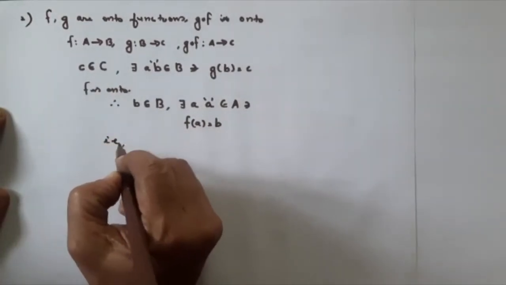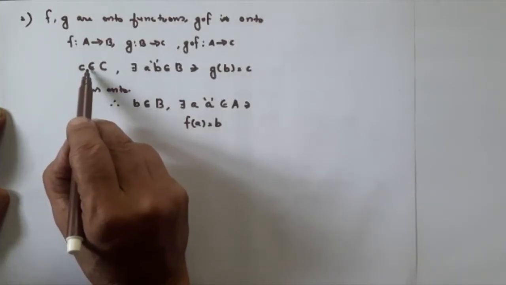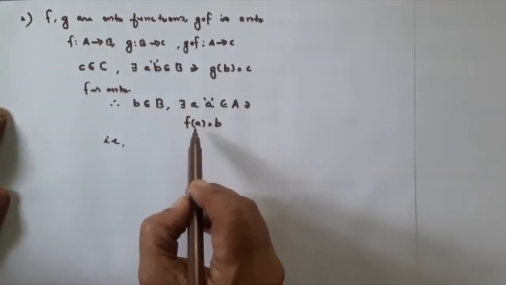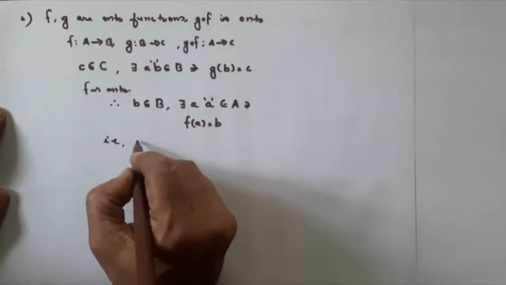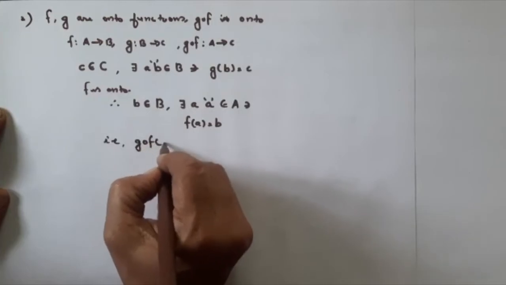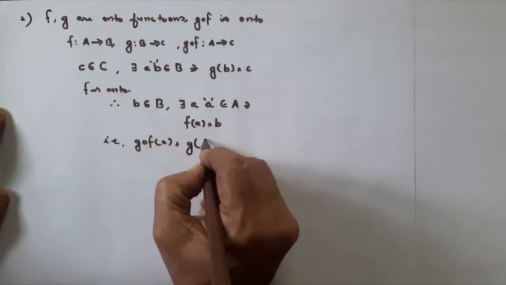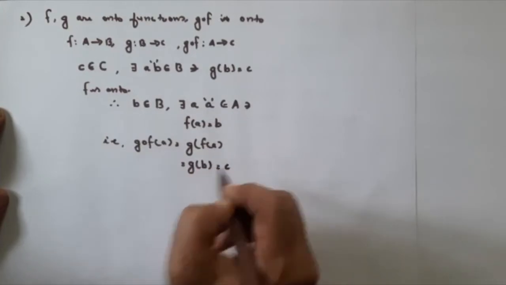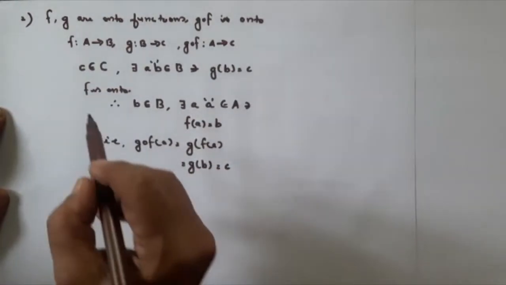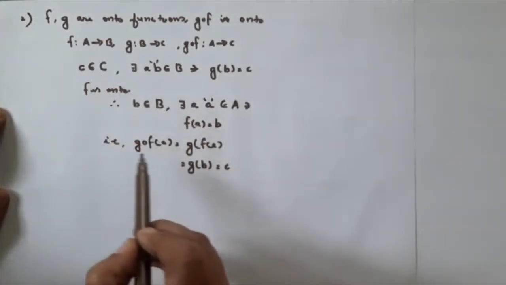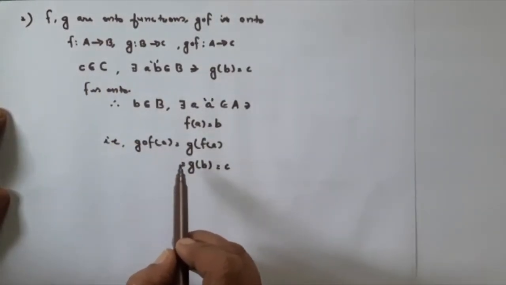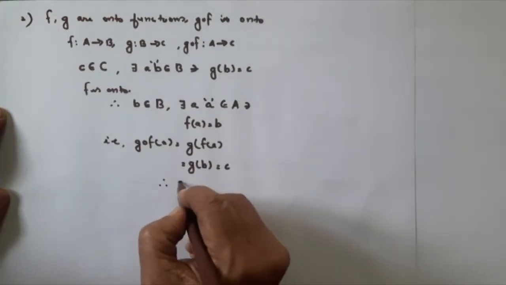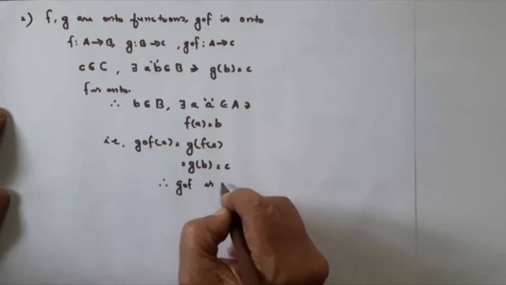That is, corresponding to this c belonging to capital C, we got a b, and corresponding to this b belonging to capital B, we got an a. So what happens? g dot f of a equal to g of f of a equal to g of b equal to small c. Corresponding to the small c belonging to capital C, we got a small a belonging to capital A, such that g dot f of a equal to c, which means g dot f is onto.